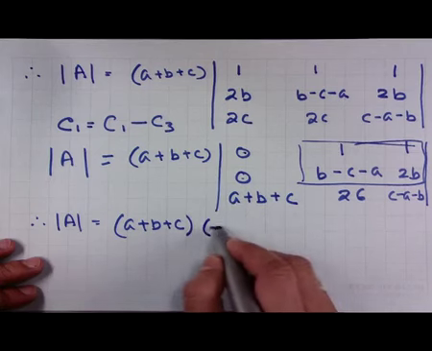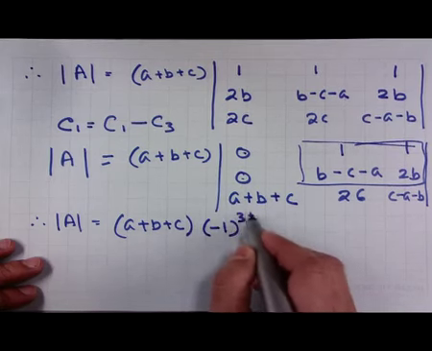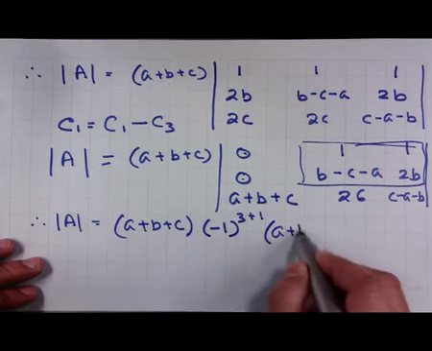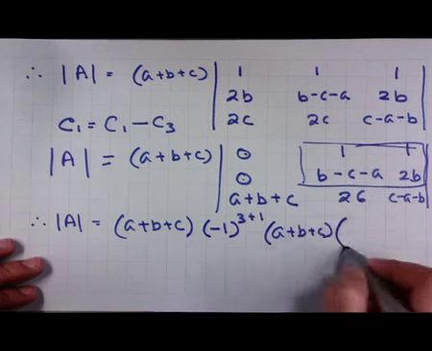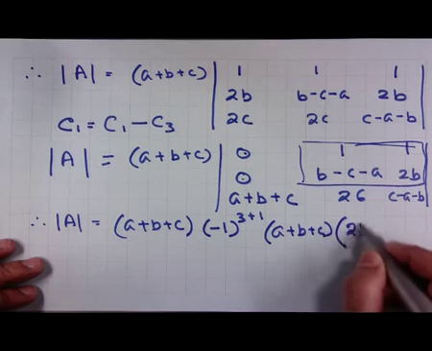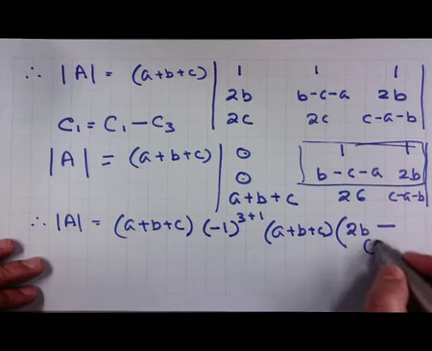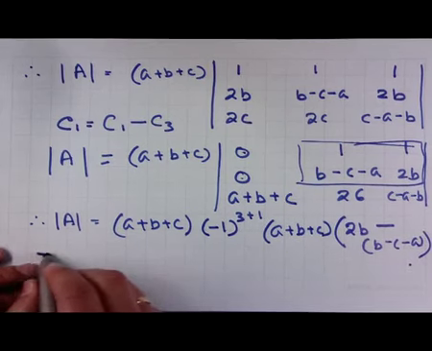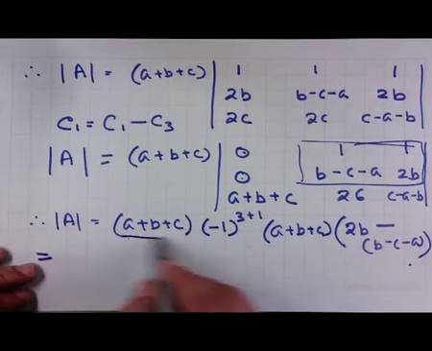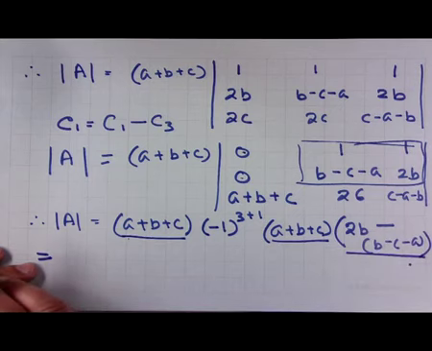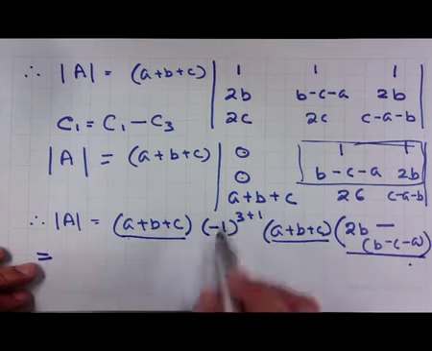Therefore, minus 1 to the power 3 plus 1 into this a plus b plus c into the determinant of this matrix, which is 2b, b minus c minus a, is equal to, this gives me 1 a plus b plus c, this gives me 1 a plus b plus c, and this will also give me another a plus b plus c, and the sign is positive.